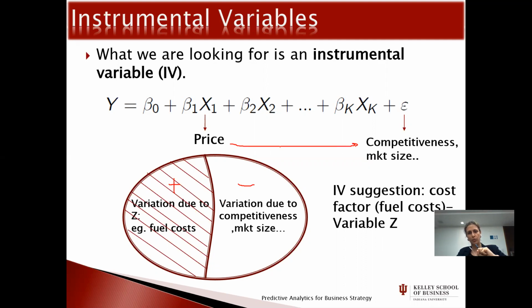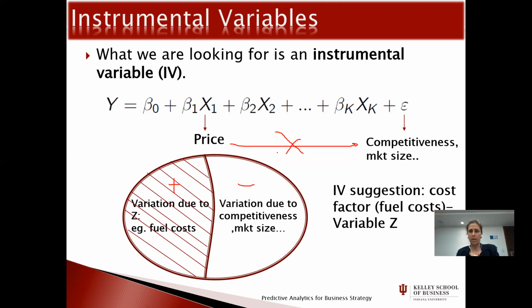If I can argue that, then I'm breaking down this correlation and moving forward, being able to establish causality, right? Because what really is going to give me biased estimates is the fact that price is endogenous, that price is correlated with competitiveness. But if somehow I can dissociate those movements and retrieve only the part of price that is not related to the bad variation, to variation in competitiveness, well, that's ideal.